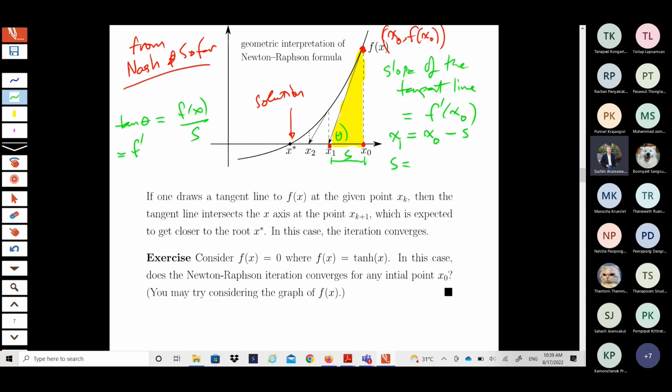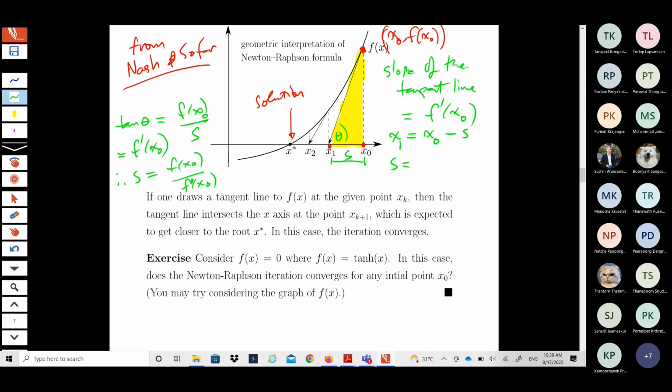And this is equal to f prime of x naught. That means S is equal to f(x naught) divided by f prime of x naught.